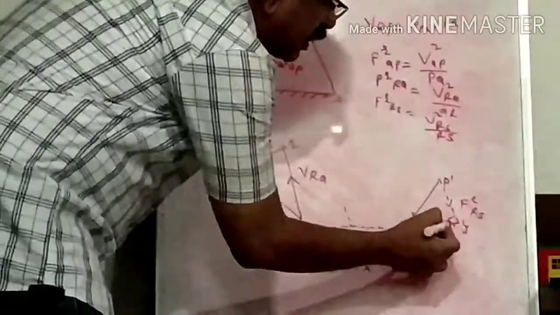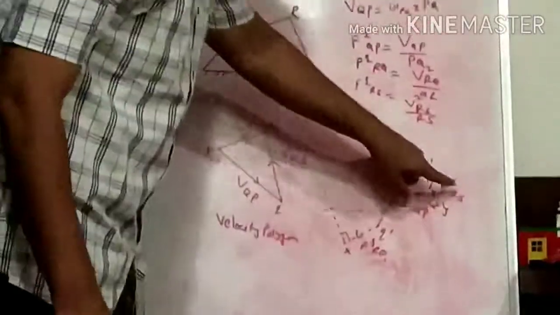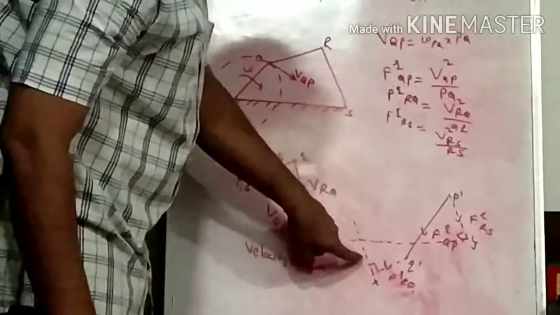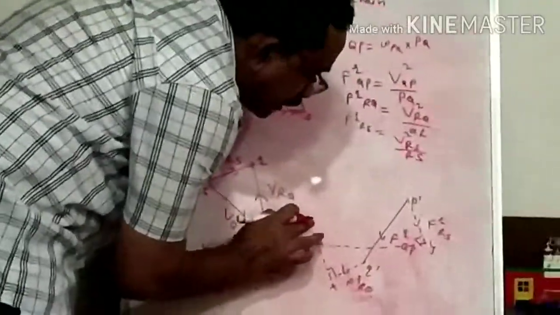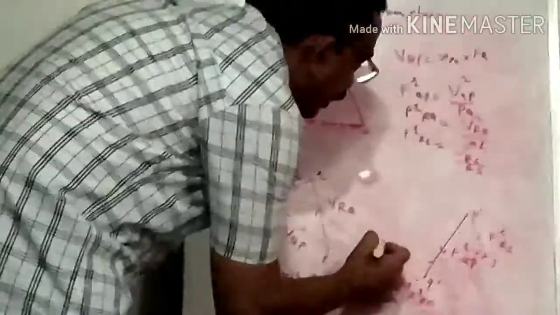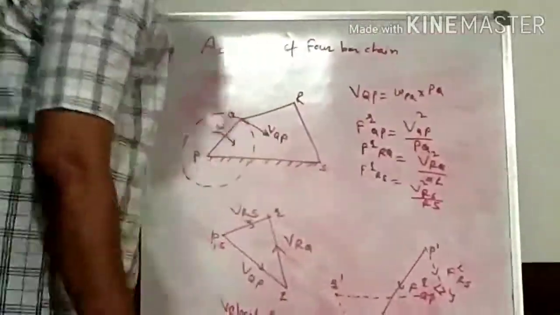Here the tangential component of acceleration of R with respect to S and the tangential component of acceleration of R with respect to Q intersect. The point of intersection is point R dash.